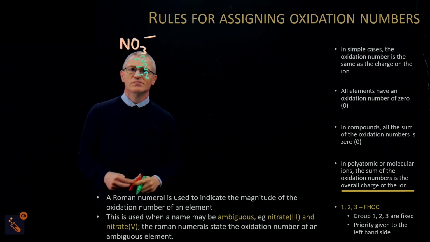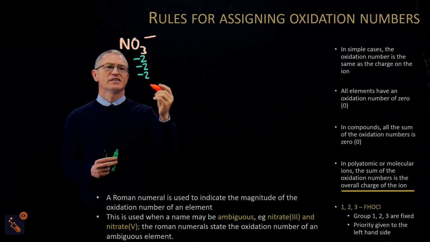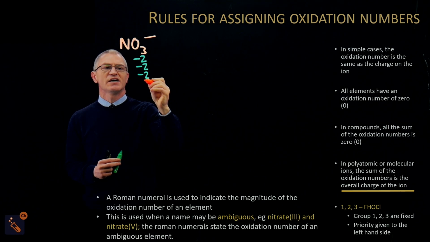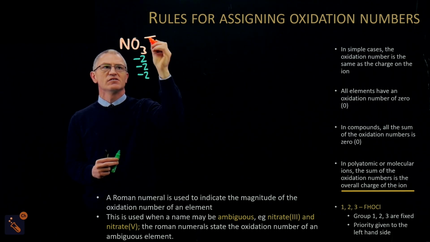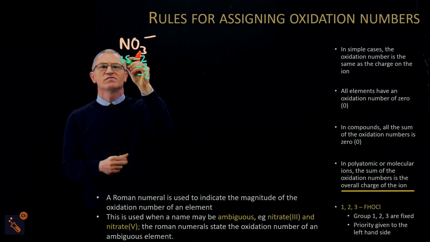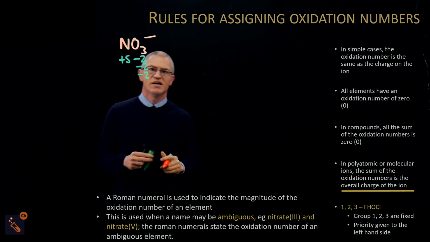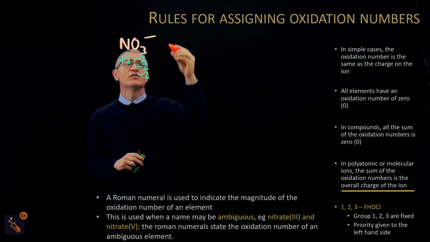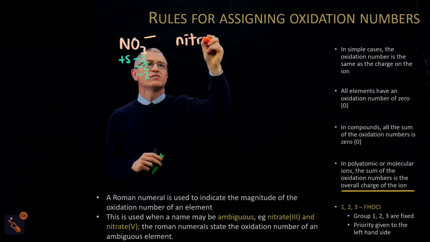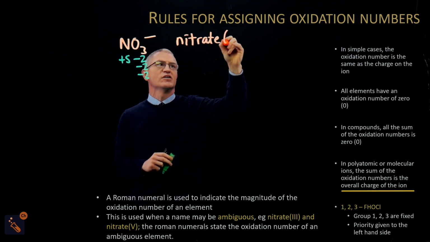And then that means it has to add up to a minus overall. If you think of that as minus 6, it's going to add up to a minus overall. That means on the left it must be plus 5. And because it is plus 5, we're going to call this nitrate(V).